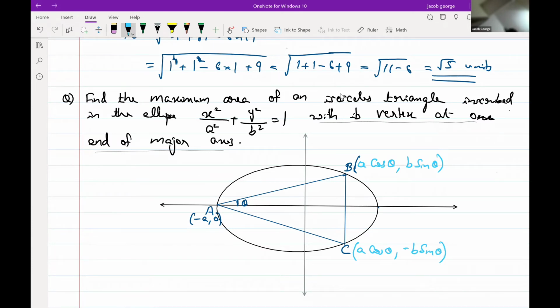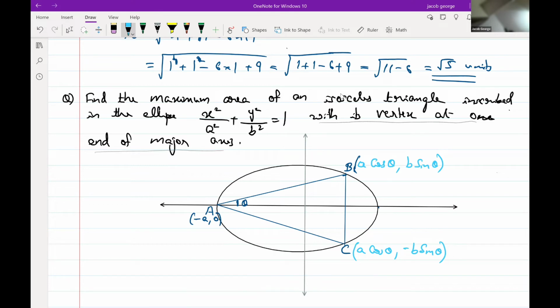If it is a rectangle, in the NCERT exemplar the same question is there, instead of an isosceles triangle, a rectangle inscribed in an ellipse. That time we get the points in the third and second quadrants. So there also we take the same coordinate, but the sign we will put according to the quadrant.